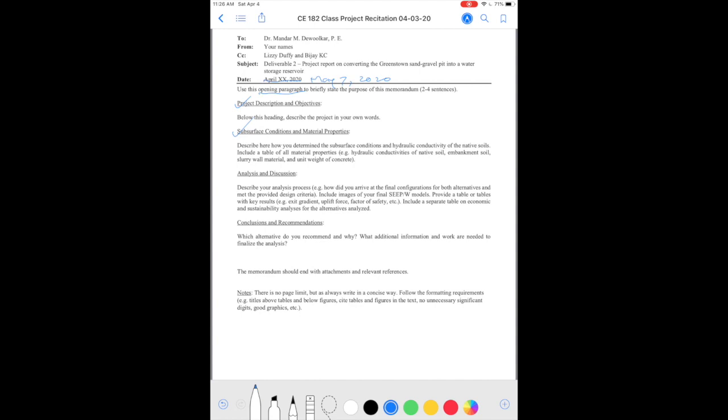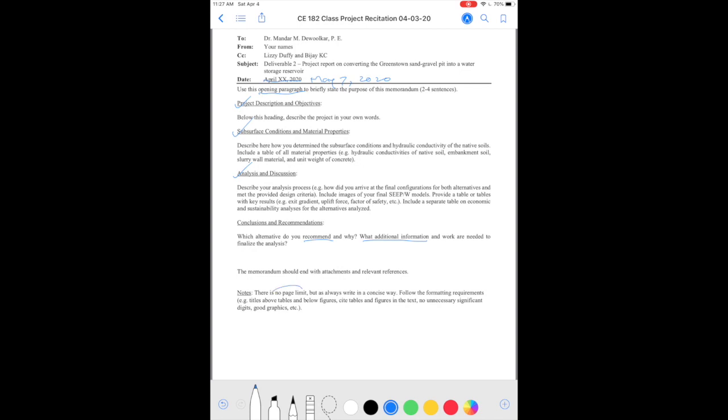And the third part is going to be long, and you are going to describe all your models, all your analysis, and then conclude and say which alternative you are going to recommend, and what additional information is needed to finalize the analysis. And then you attach as many tables, figures, attachments, and references as are needed.